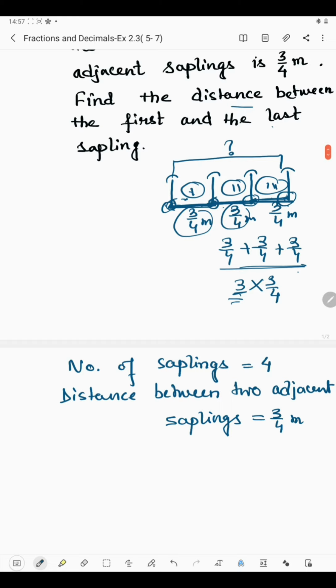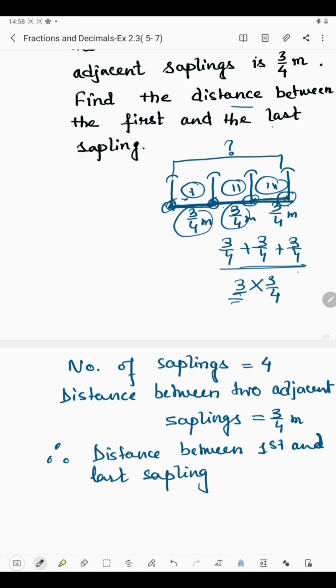So we'll write, therefore, distance between first and last sapling will be 3 multiplied by 3 by 4 meter.